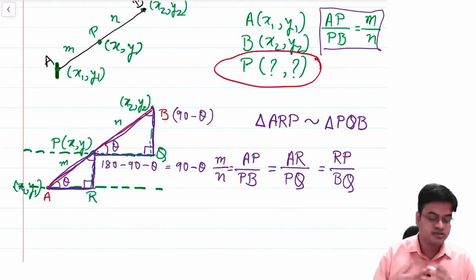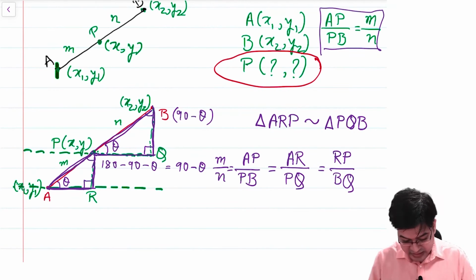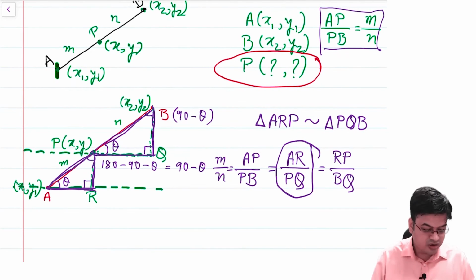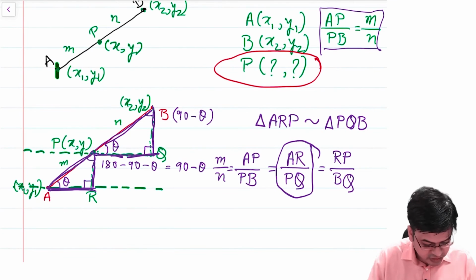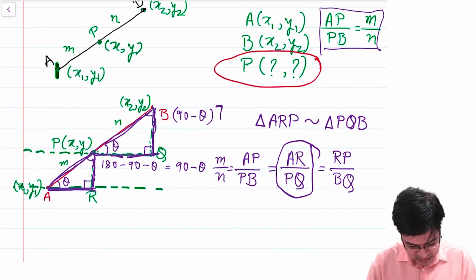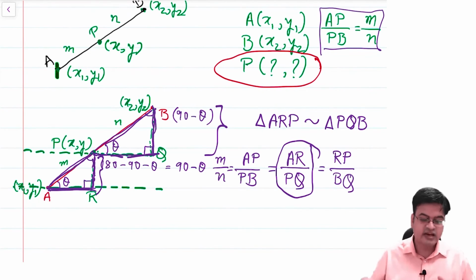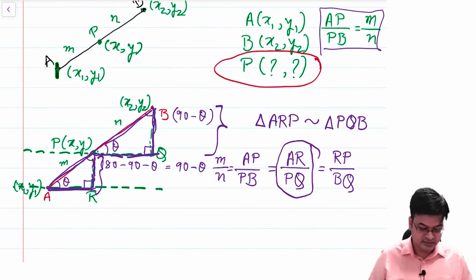But in the case where we are considering AR and PQ, these lines are actually horizontal lines, so they are parallel to some imaginary x-axis, correct? Another thing that happens is that these two lines, this line and this line, are vertical lines and they are parallel to the y-axis. So I can talk about their y coordinates or their lengths.